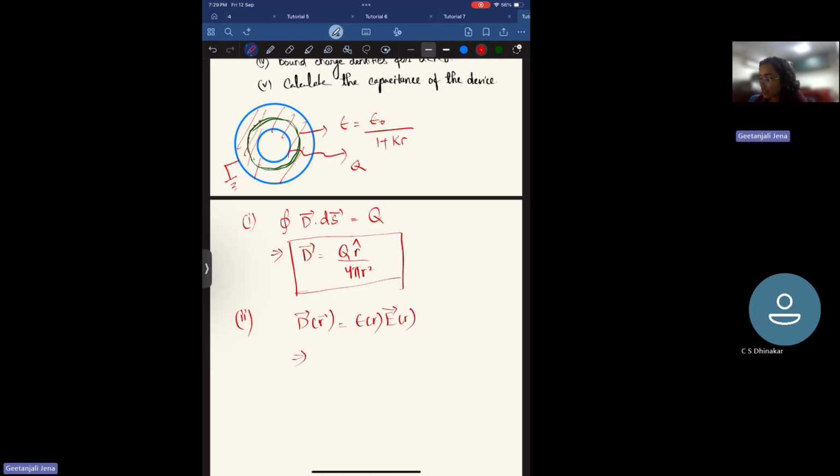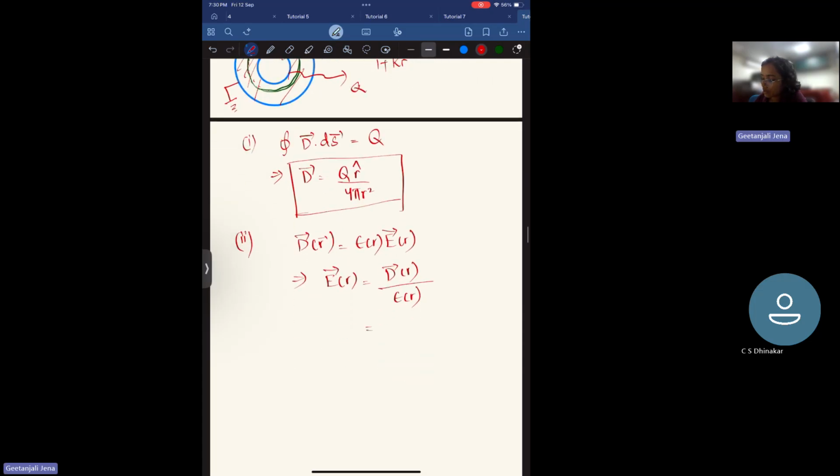Since we know D, E is straightforward to calculate. So E would be D r by epsilon, which is Q by 4 pi epsilon r square.